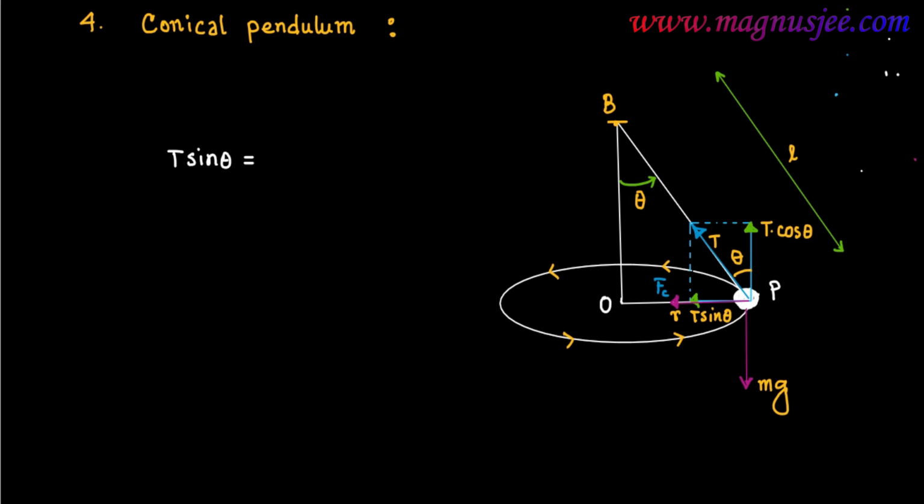As T sin theta supplies necessary centripetal force Fc, T1 sin theta is equal to Fc, and Fc equal mv square by r.